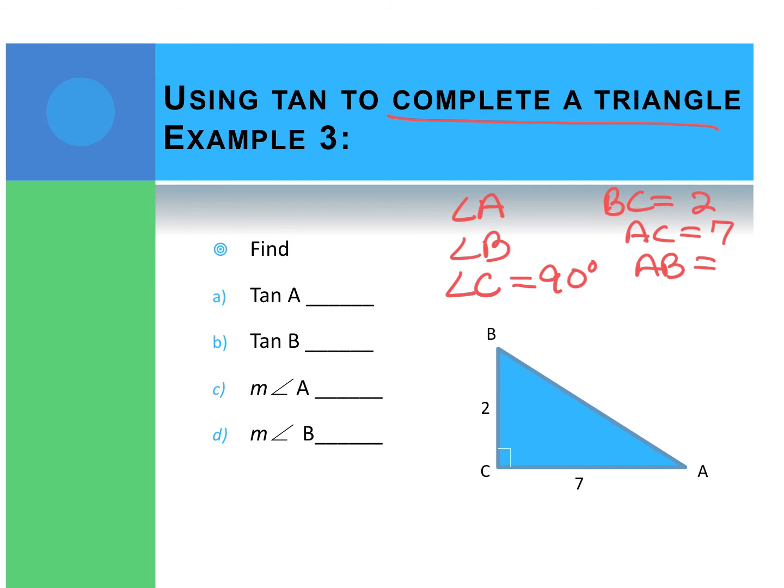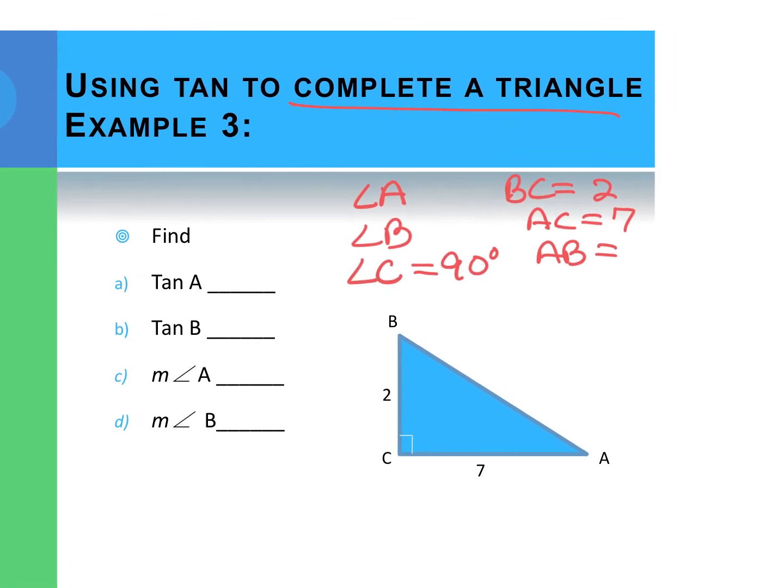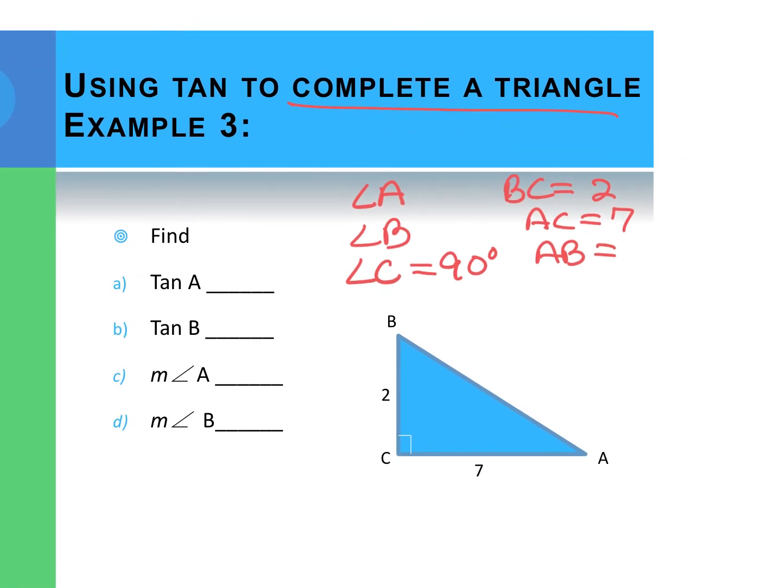Because this is what we learned in 9.1. We used the Pythagorean theorem. So in order to find this hypotenuse, I'm going to do a squared plus b squared equals c squared. Now, the side across from A is little a, the side across from B is little b, and my hypotenuse is little c.